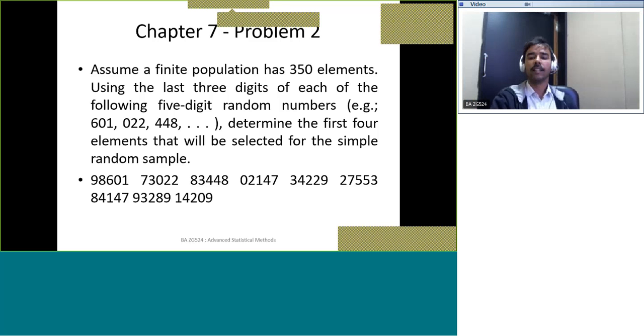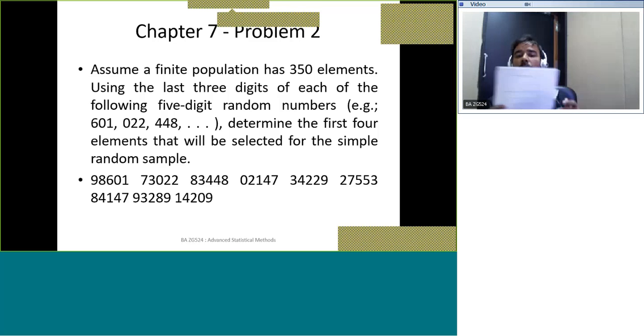Next is 147. Include. 229. Include. 553. Discard. How many do we need? We need the first 4. I think we have already included the 4. 022, 147, 229, 3 over. What is the next number?